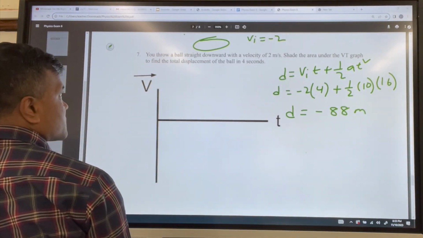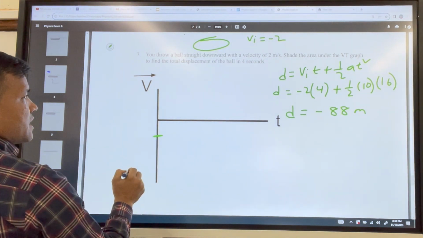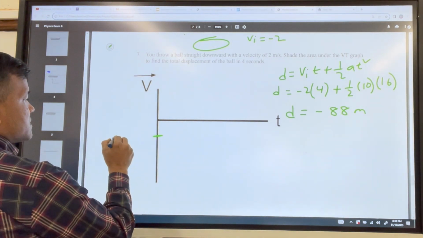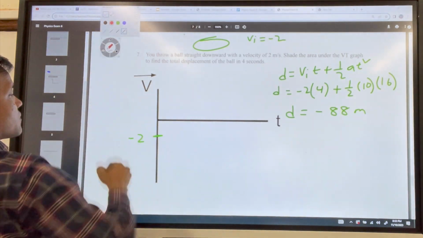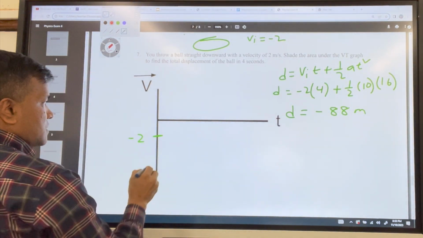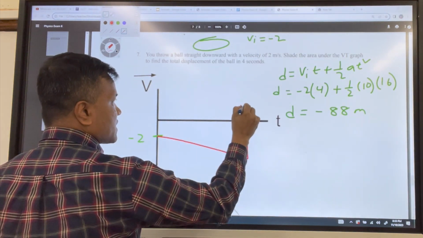Now we're going to use geometry to do the same thing. This is the initial velocity, which is negative 2, and the ball falls with linear velocity, right? For how long? 4 seconds.